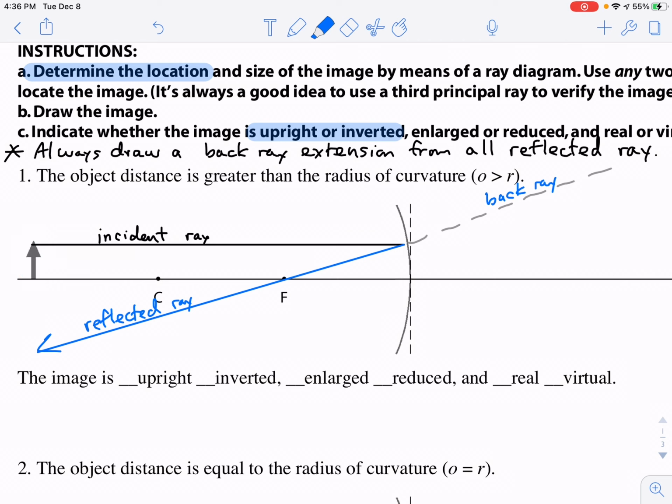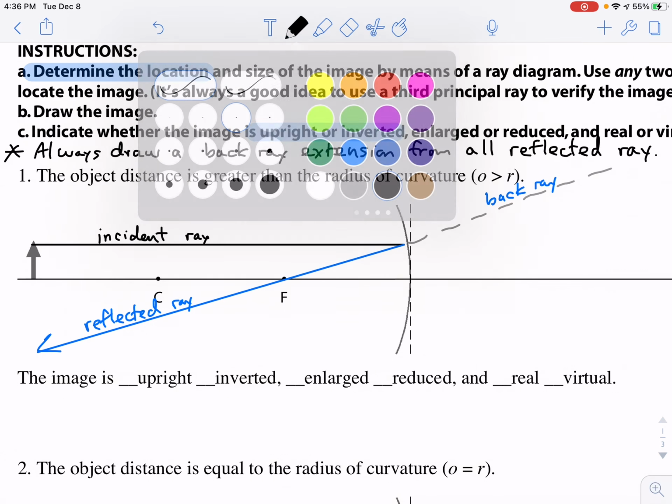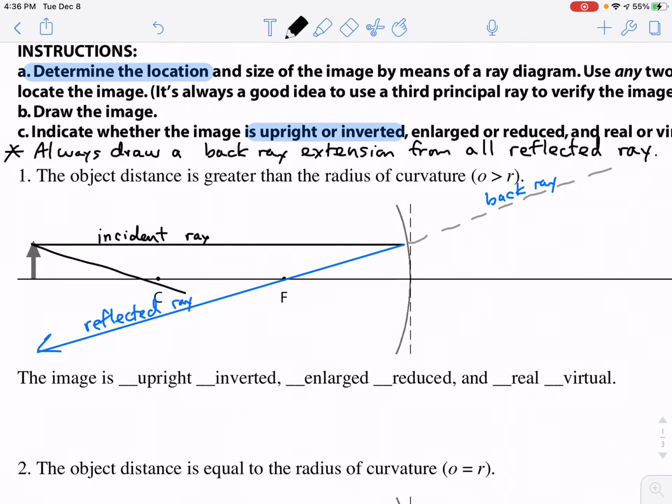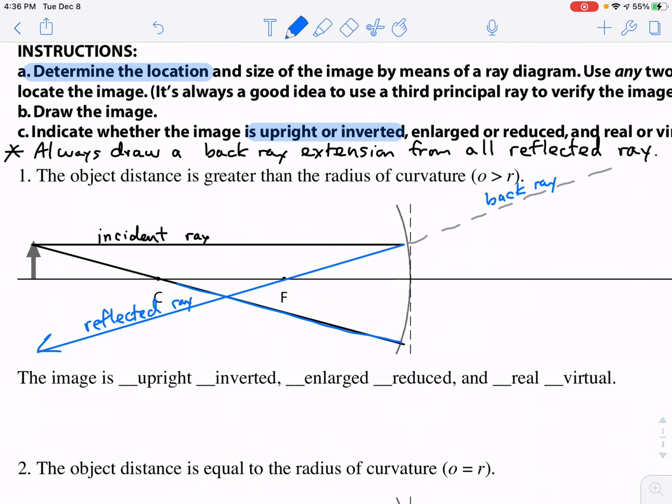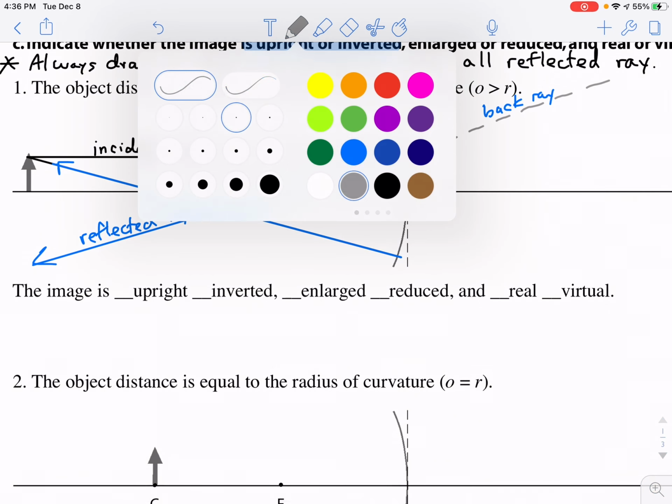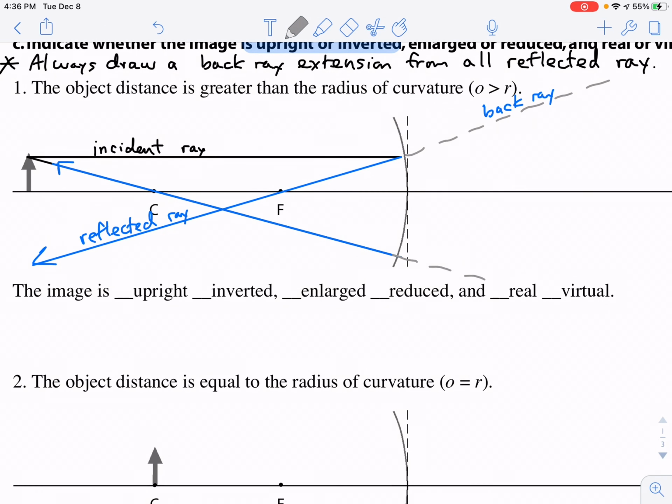So instead, I'm going to use the third ray, which goes through the center of curvature and reflects back on itself. So I'm going to draw a ray from the top of the object all the way through the center of curvature. And as soon as I hit the mirror, I'm going to reflect it back on itself just like this. It's a very easy one to draw. And then again, I draw the back ray coming from the back side.